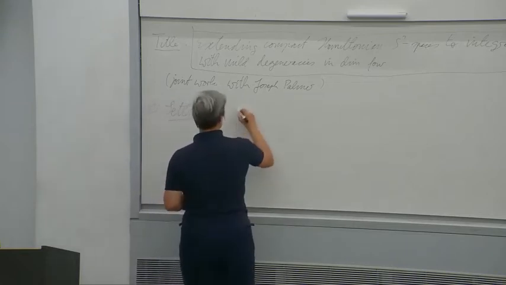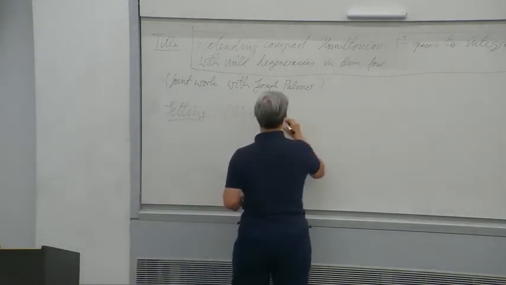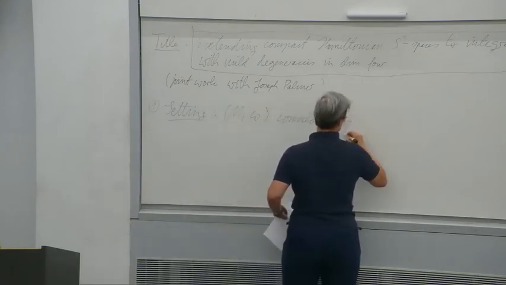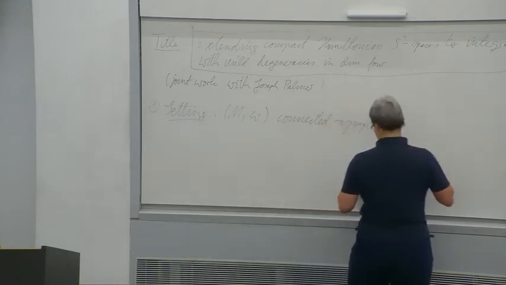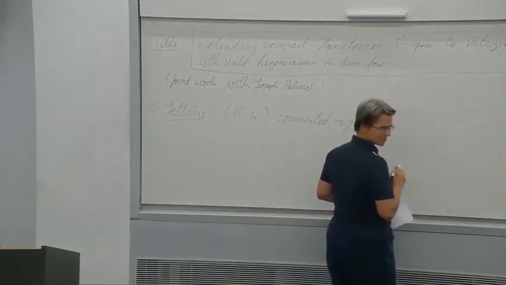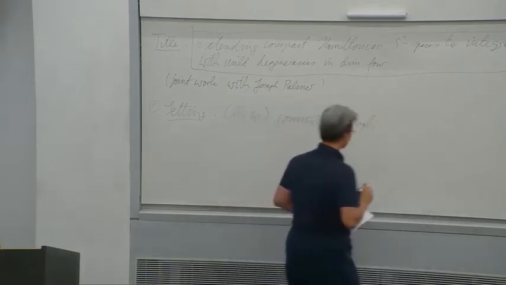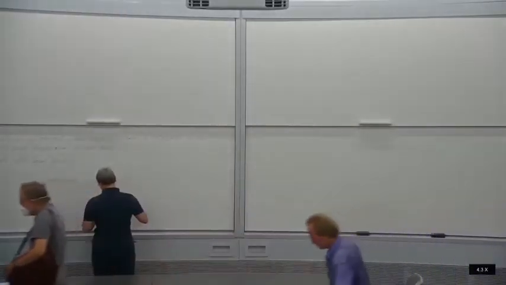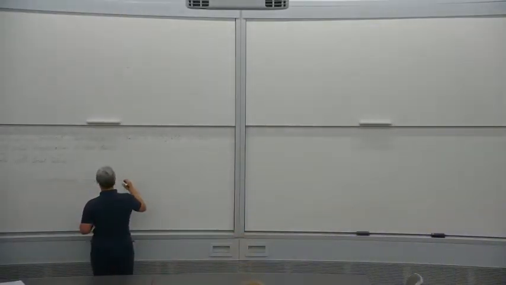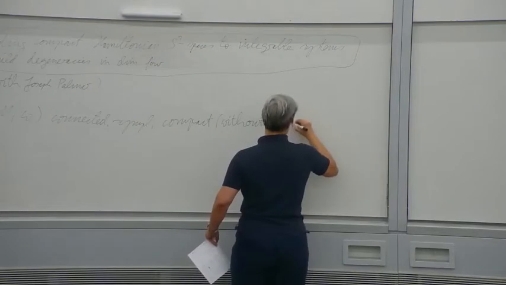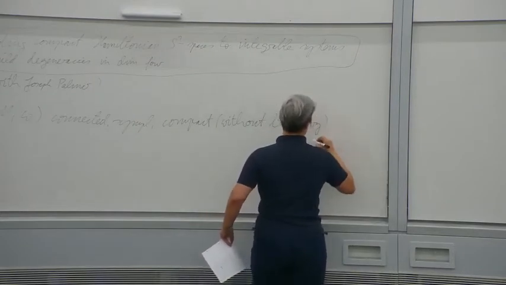So let's write this down: M, omega, connected, symplectic, then compact, without boundary, and 4-dimensional.